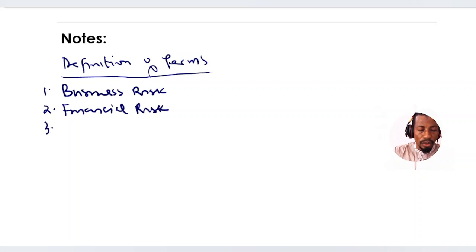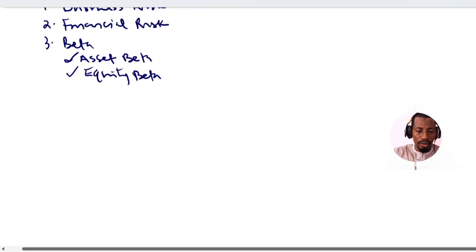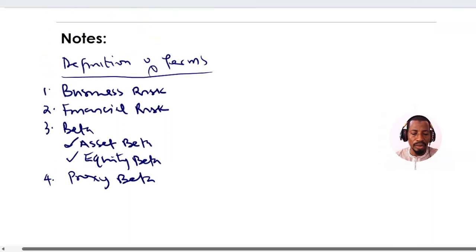Then three, we are going to talk about beta value. Under the beta, we talk about asset beta, then we talk about equity beta. Then finally, we are going to talk about proxy company. Because these are some of the terminologies we are going to make use of whenever we want to compute project-specific cost of capital.